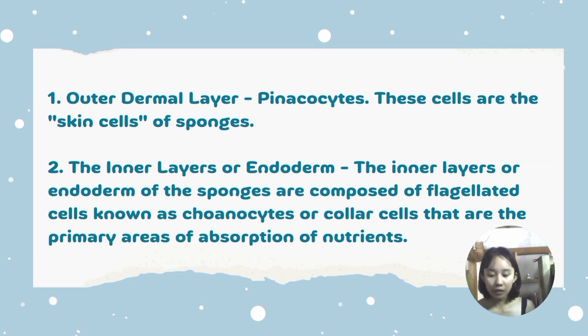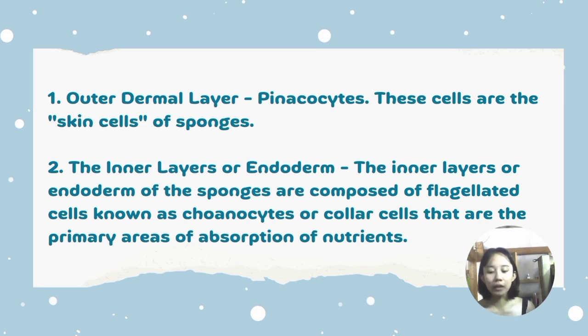So ang pinacocytes, which are epithelial-like cells from the outermost layer of sponges, enclosing a jelly-like substance called mesohyl. Okay, so the function of pinacocytes is waters enter the sponges through the pores formed by these cells, which are the porocytes. So next is the inner layer or endoderm.